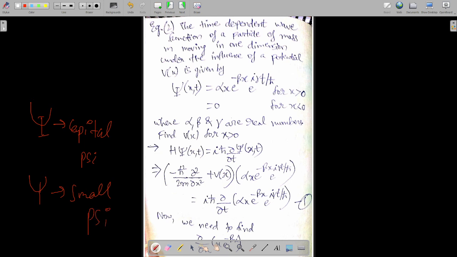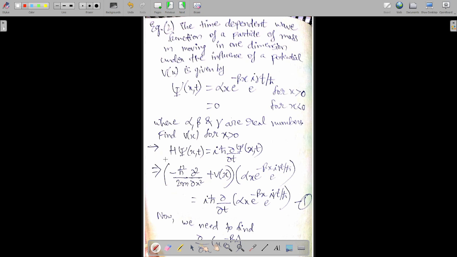Capital psi represents the time dependent wave function, and time independent wave function is represented by small psi. We represent it by capital psi because it is a function of x and t both.